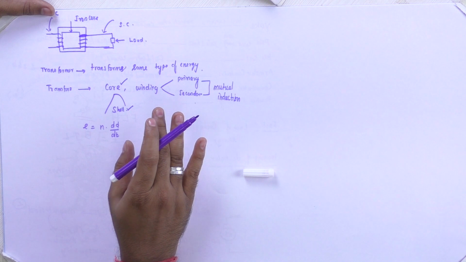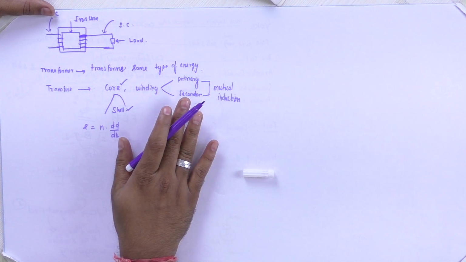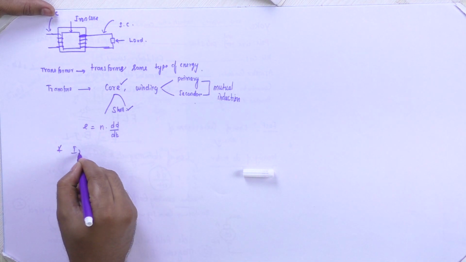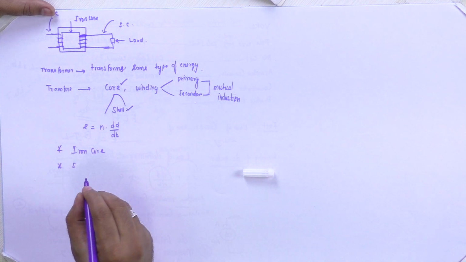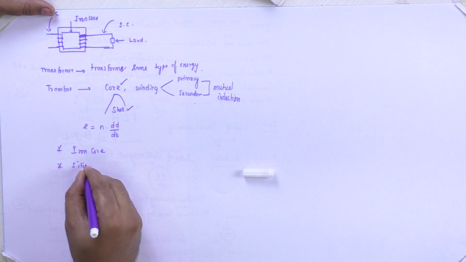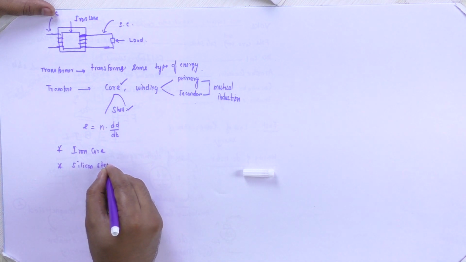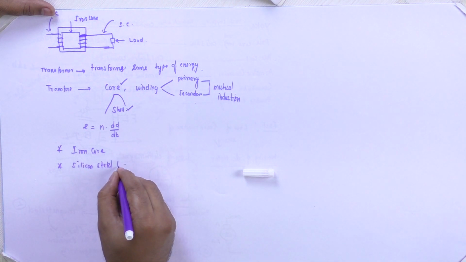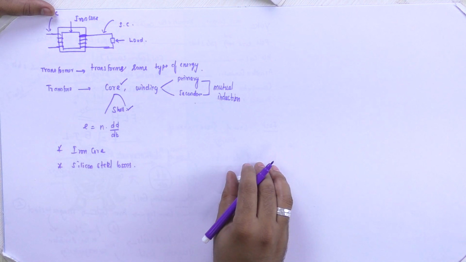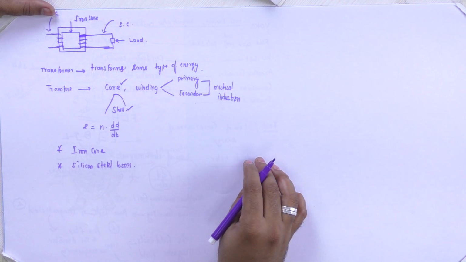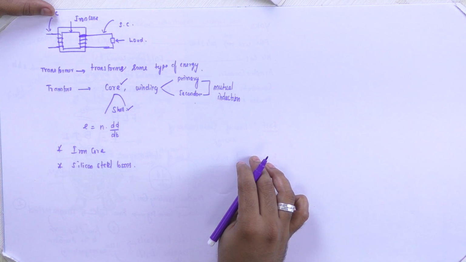Apart from that, the core is generally made up of iron. Silicon steel laminations are preferred in order to reduce the eddy current losses as well as hysteresis losses. These are the two important constant losses, iron losses, that take place generally when the core gets magnetized.